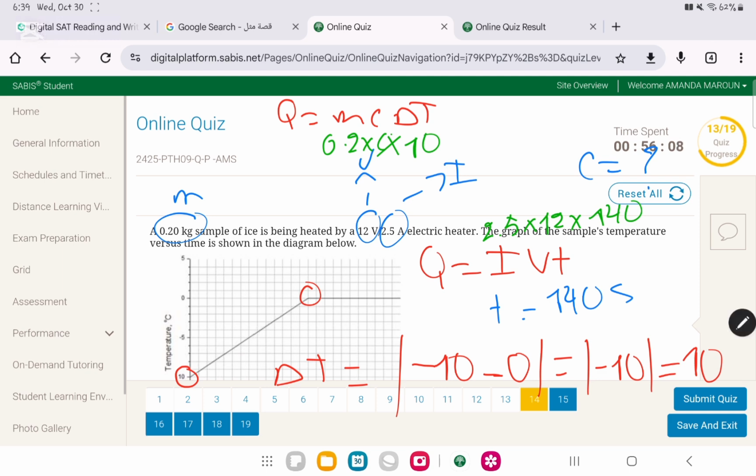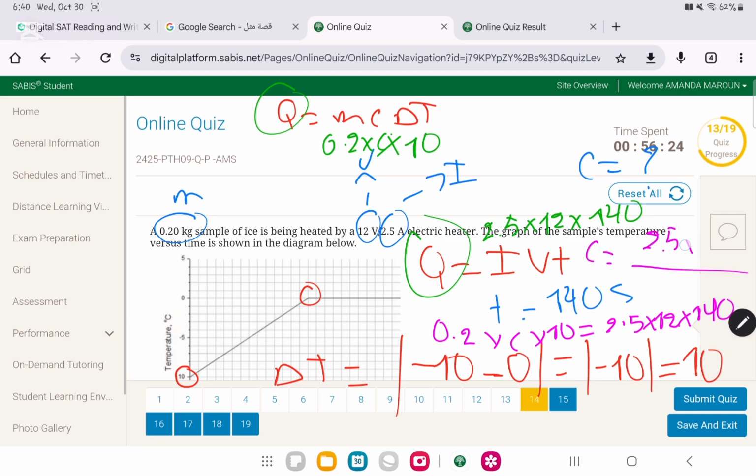So very simply, since Q is equal to Q, we can make them equal to each other. So 0.2 times C times 10 is equal to 2.5 times 12 times 140. So then you get that C is equal to 2.5 times 12 times 140 divided by 0.2 times 10. Do it on your calculator.